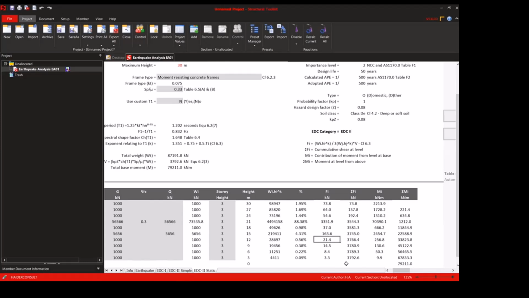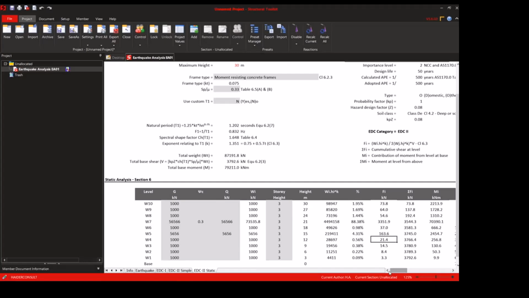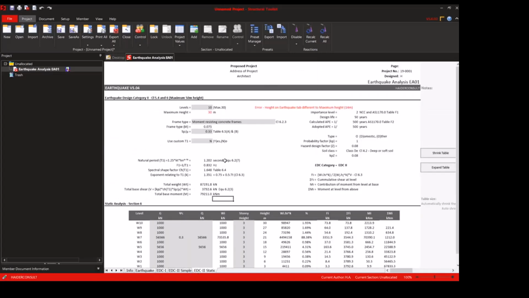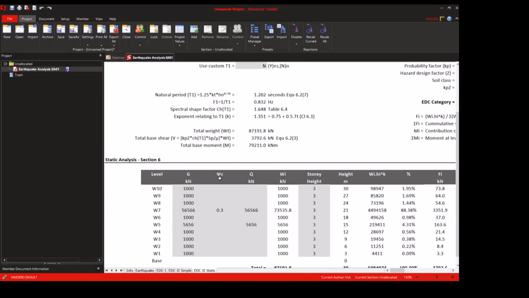Sorry, if you can explain those parameters a little bit, G kilonewton and that omega C or Q kilonewton. On the previous page, can you go to the EDC2 static? Yes. Here are the loads where you kept 0.3. This is the dead load for each floor, which you know from the table we did together.